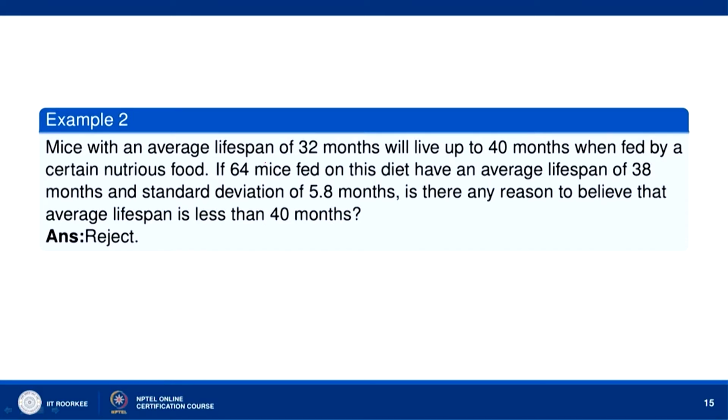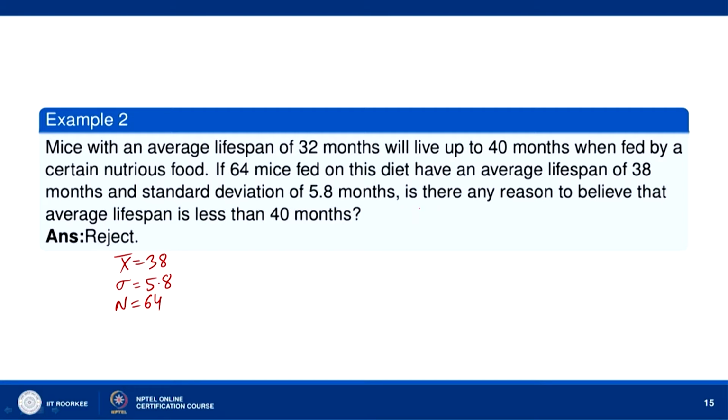Mice with an average lifespan of 32 months will live up to 40 months when fed by a certain nutritious food. If 64 mice fed on this diet have an average lifespan of 38 months. So, x bar here is 38, sigma is 5.8, n is equal to 64.